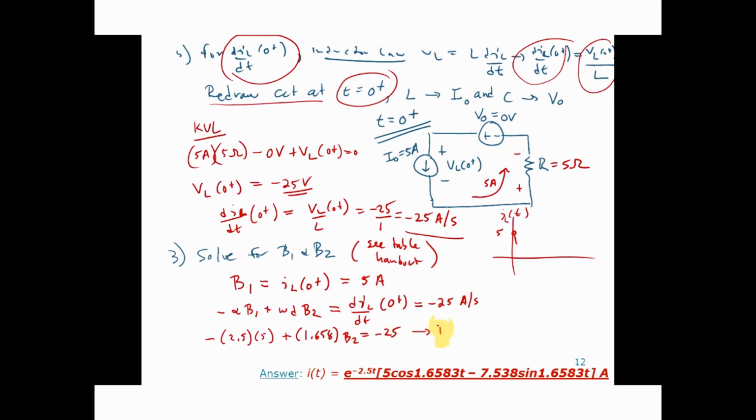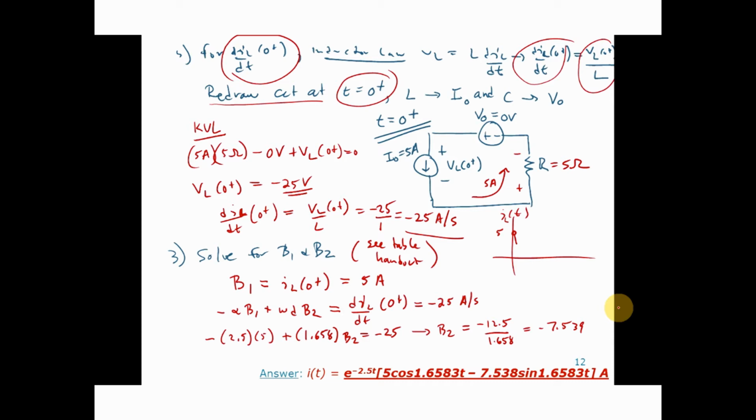And so therefore, b2 equals minus 12.5 over 1.658, which equals minus 7.539.